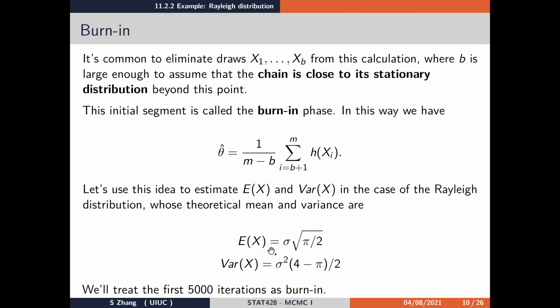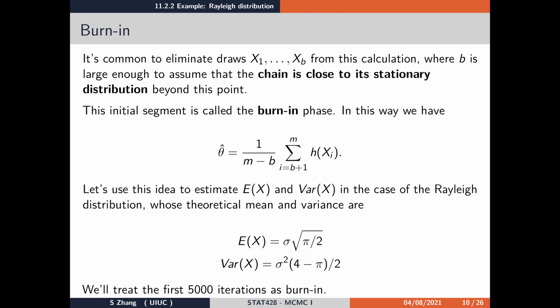I have previously mentioned a little bit about this. It is common to eliminate draws x_1 all the way up to x_b from the calculation of the Monte Carlo estimate. Here b is a constant, a time point that is large enough to assume that the chain is close to its stationary distribution beyond b.